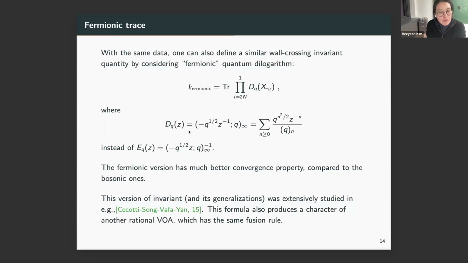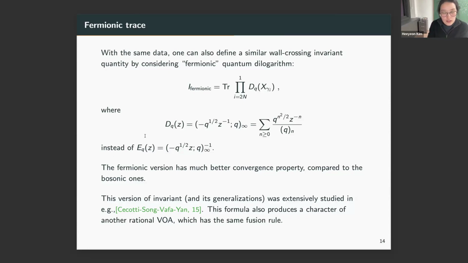And with the exact same data of BPS particles, you can also define many different wall-crossing invariant quantities with a similar structure. One of the examples is given by considering the so-called fermionic version of the quantum dilogarithm.